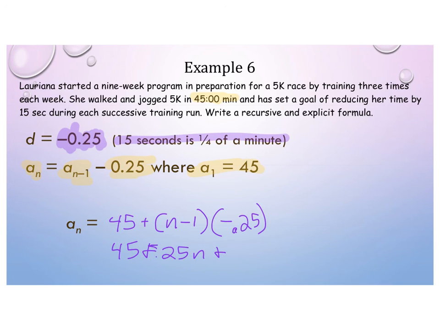Not plus, that's a minus. I better erase that. So this is going to be 45 minus 0.25n plus, because I have a minus times a minus, 0.25. So simplified, I have 45.25 minus 0.25n. That's my explicit formula.